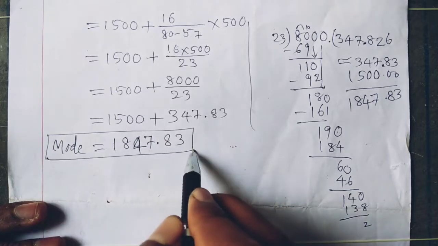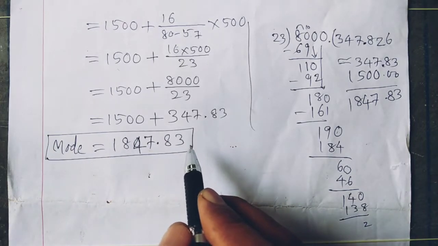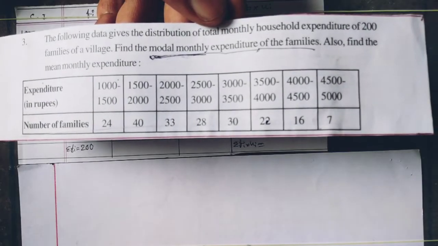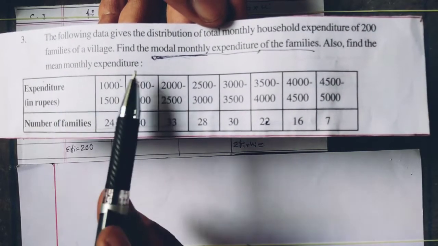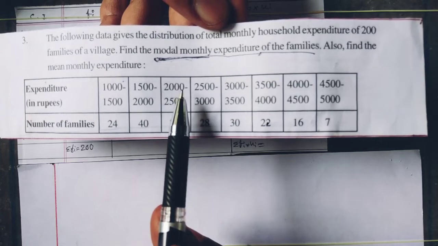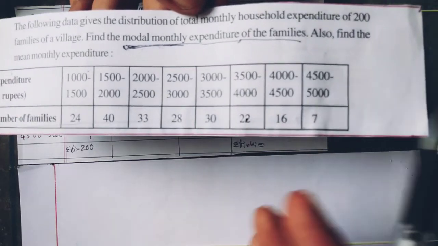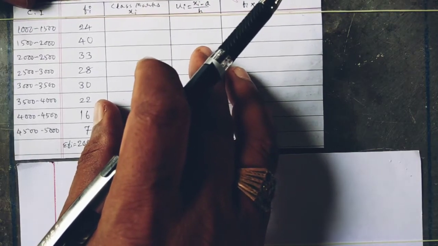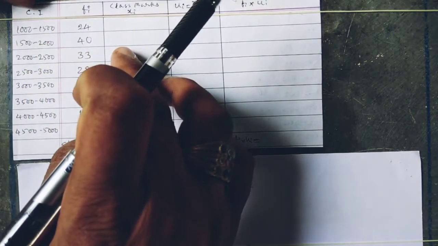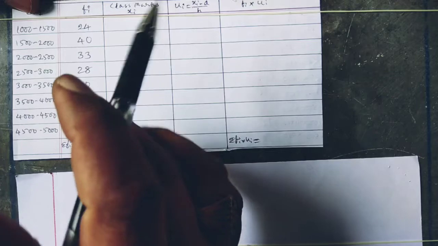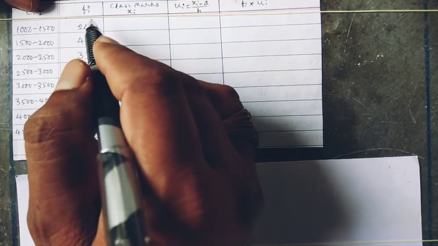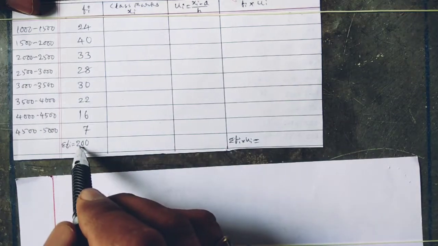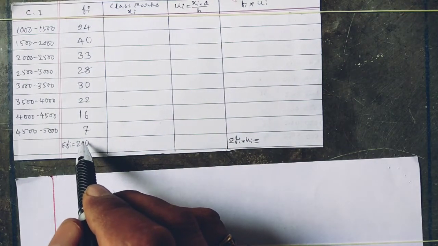And also we have to find the mean. To find the mean for this data, we draw it column-wise like this: class intervals, frequencies already given, and the sum of the frequencies, 200, is also given.